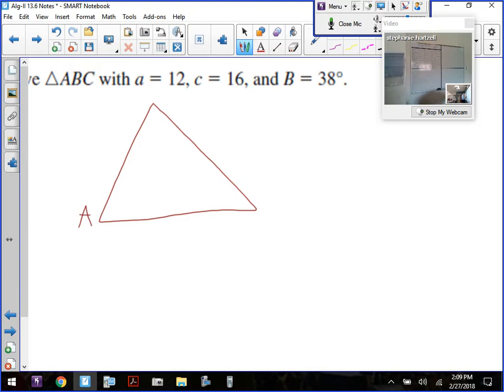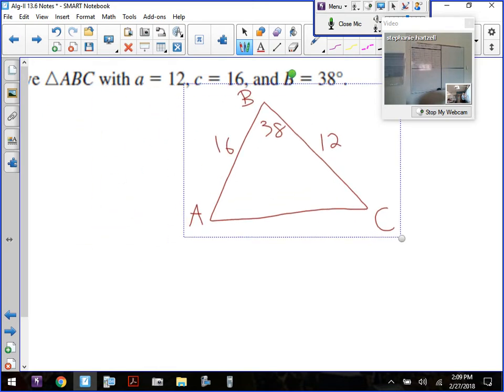So I have ABC, and it looks like that. Be all right with that? This looks like side angle side.